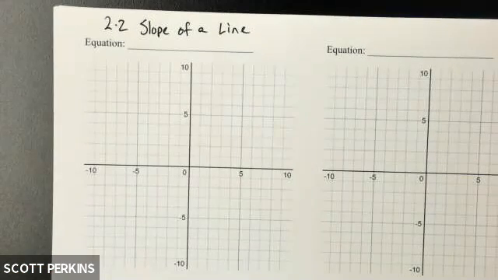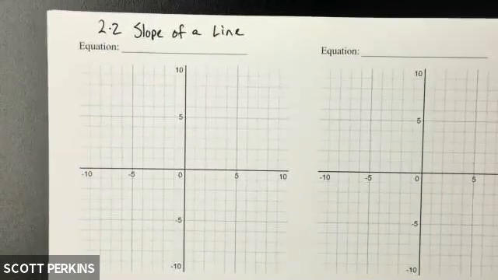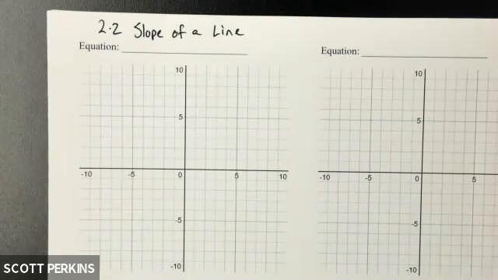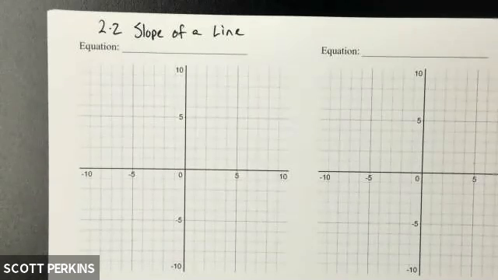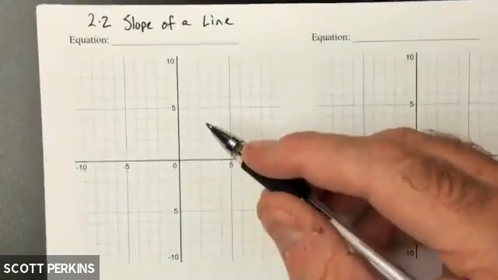The slope is our attempt to put a number on how fast a line is getting bigger or how fast a line is getting smaller. We're putting a number on this, and the slope is defined as a ratio. So let me do this on this grid. Let me make mine up.